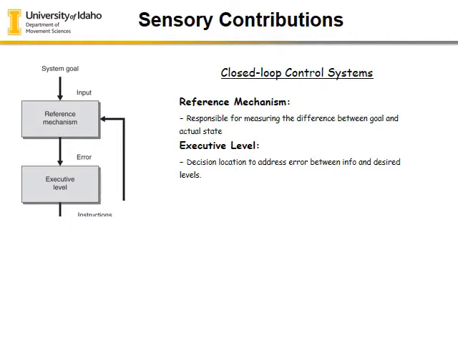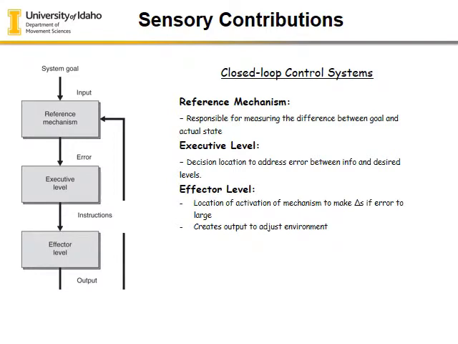The executive level is going to help identify which ways you are going to address this error that has been measured by this reference of correctness. And here you have two things: the system goal, and the input coming into the reference mechanism, which is actually the feedback from your output of whatever you're putting into the system.